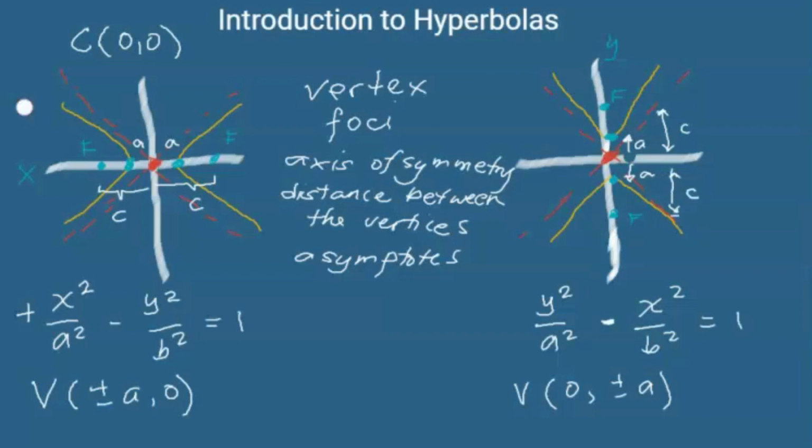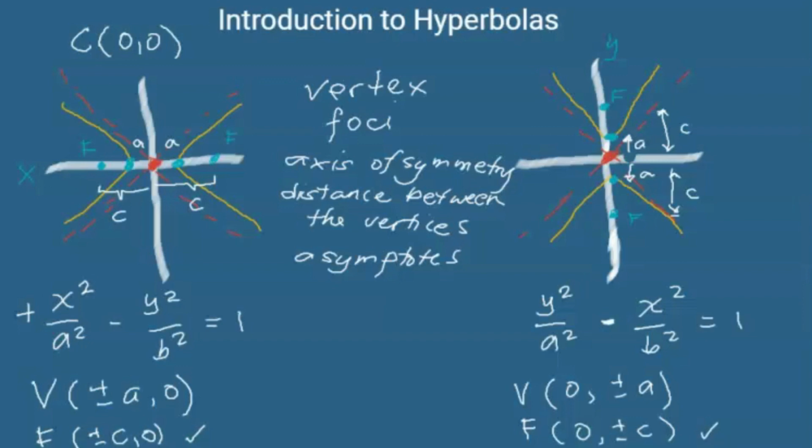So that's also c. So between the two foci, we have 2c as the distance. The coordinates of the foci for the horizontal hyperbola would be plus or minus c, 0. And for the vertical hyperbola, it would be 0, plus or minus c.